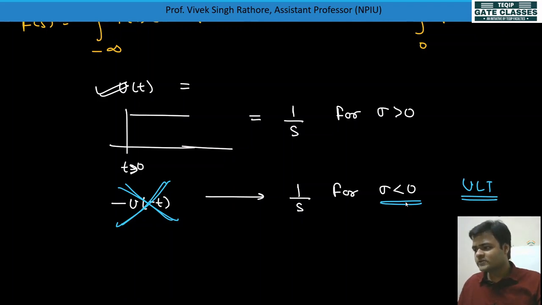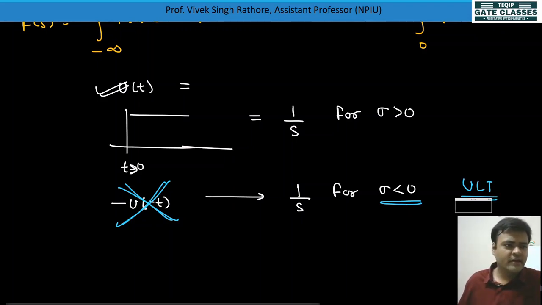Now you can see that u of t had the expression 1 by s, and minus u of minus t also had the same expression in the bilateral Laplace transform. They were differentiated only by the ROC value.